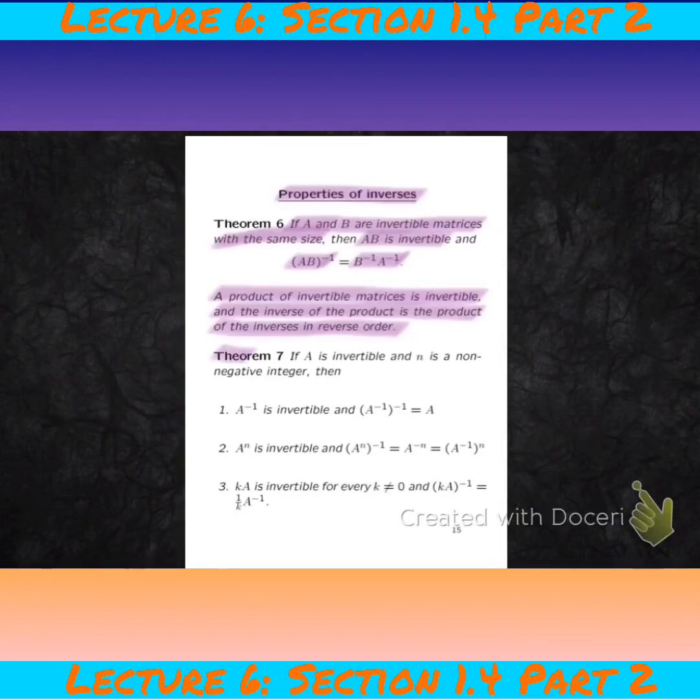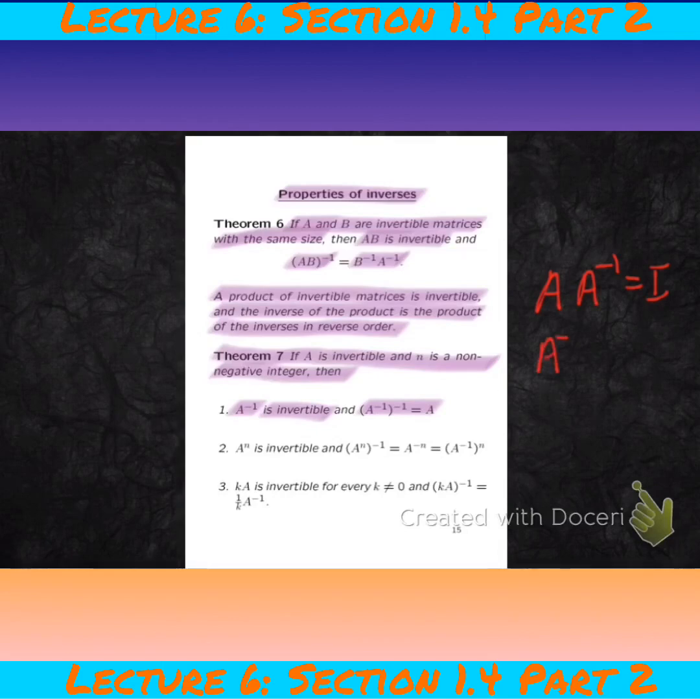Right, so Theorem 7: if A is invertible and n is a non-negative integer, then A's inverse is also an invertible matrix, and the inverse of A's inverse is going to be A. That makes perfect sense because if I take A and multiply it with its inverse, it's the identity, and vice versa.